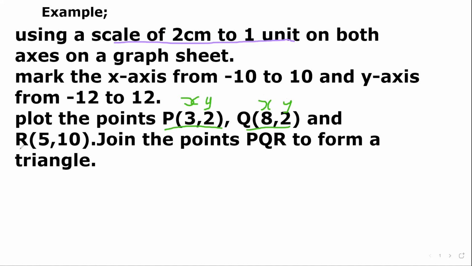The point R is also formed by 2 coordinates, the x and the y. When you finish with the points, then you join the points P, Q, R to form a triangle. So let's quickly solve this one and then come back to the other questions.